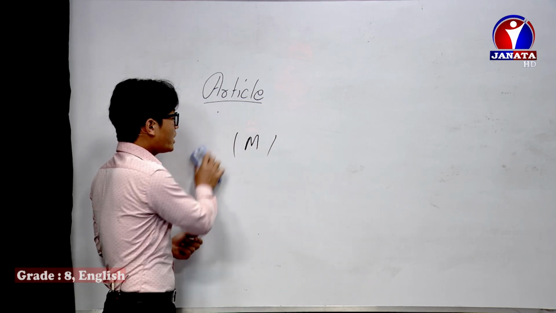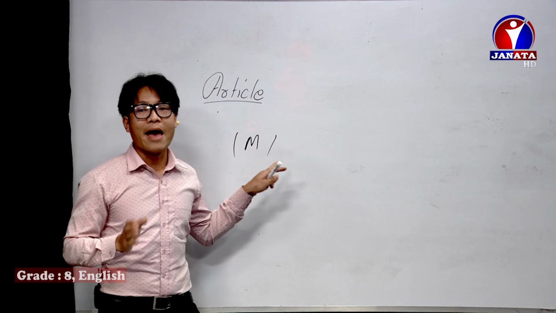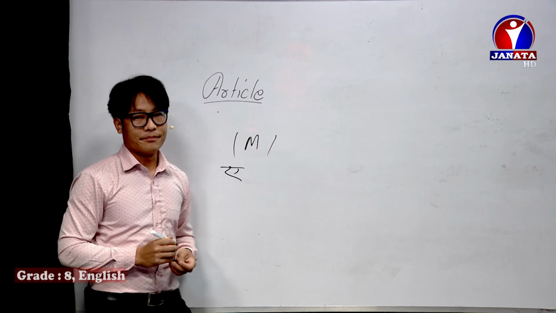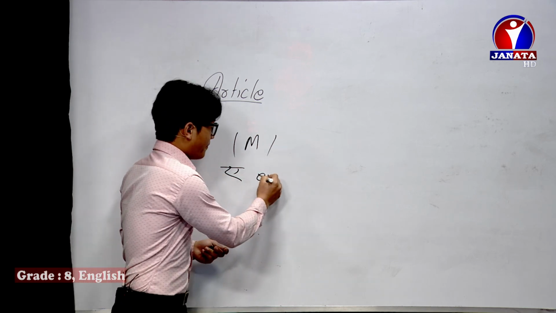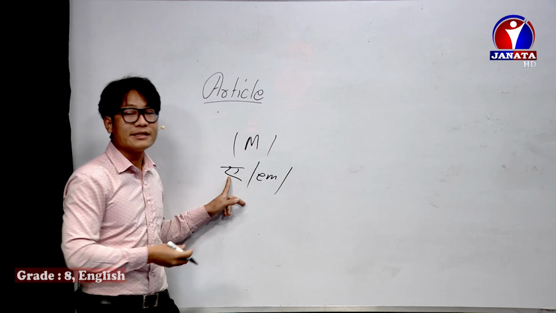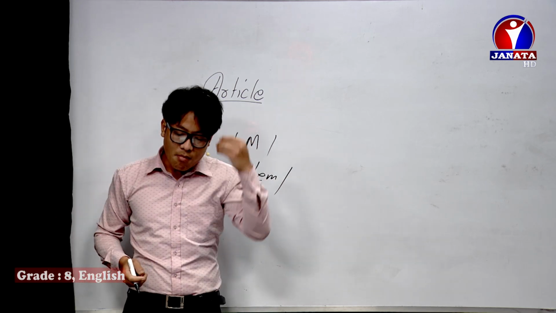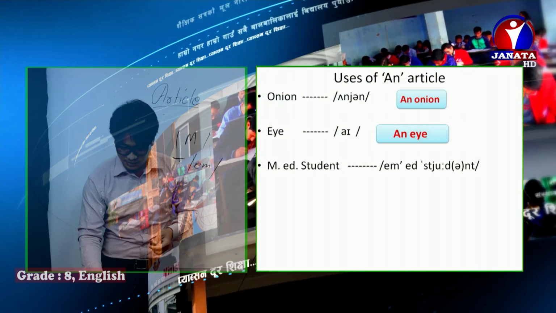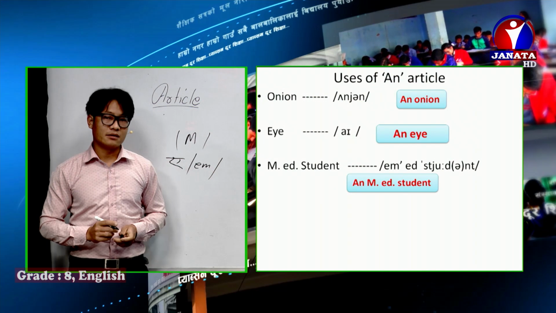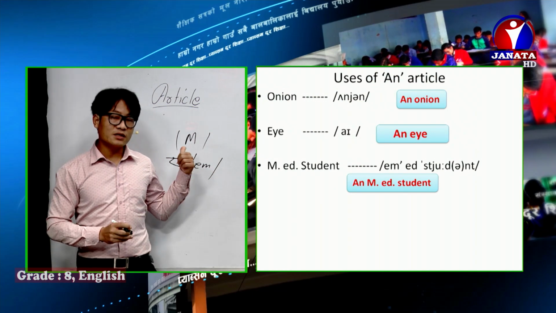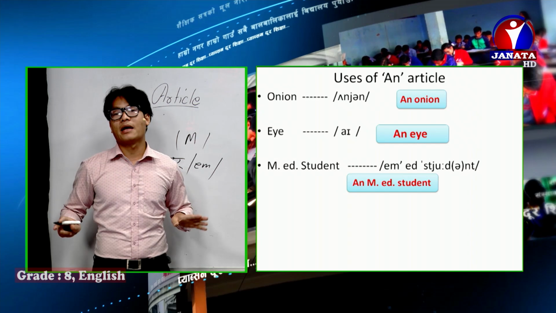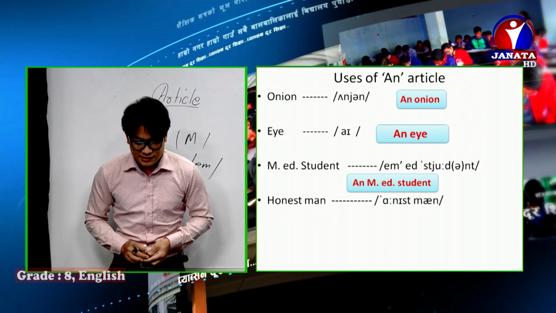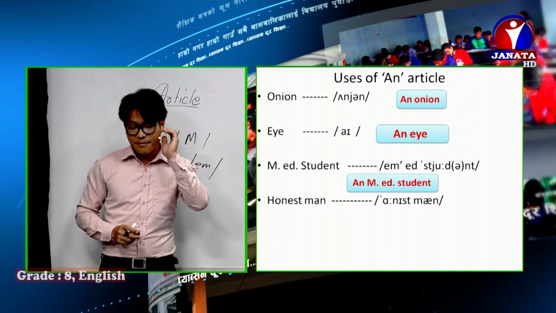And how we pronounce this letter starts from this vowel sound. So we must be sure here that this takes an article. Here you must be sure that the letter doesn't matter; what matters is sound.